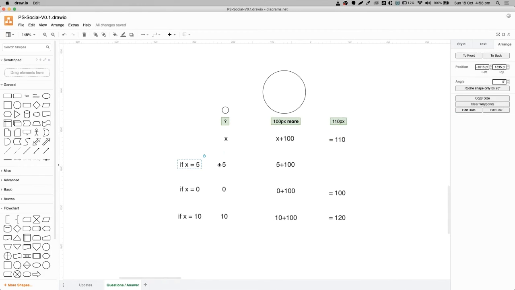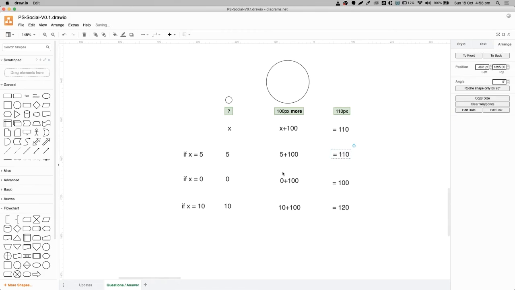Now let's assume x was 5 and the bigger ball was the same x amount plus 100, because it has to be 100 more, then the answer is 110.